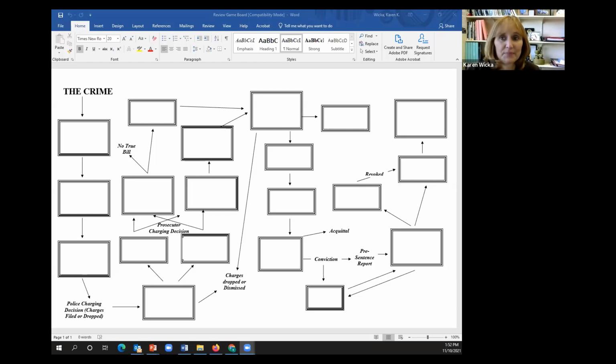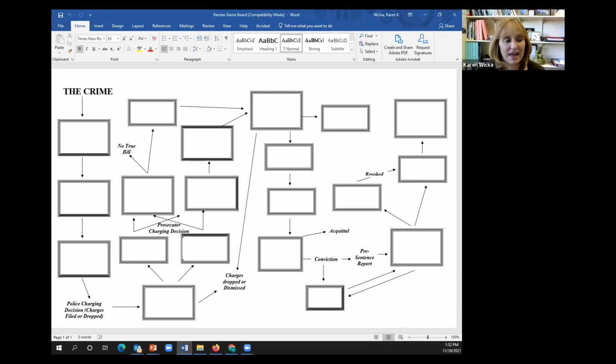Nope, that didn't work. Hold on, let me see. Try it this way. If you go to Blackboard, you will see something that says like steps in the process or game board or something like that.